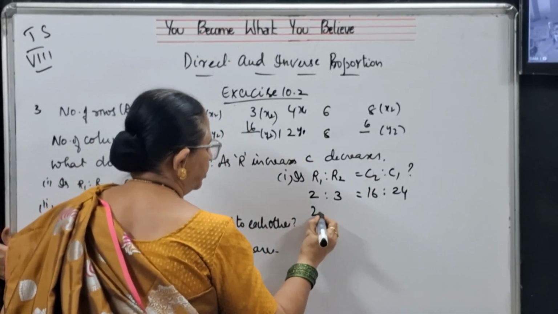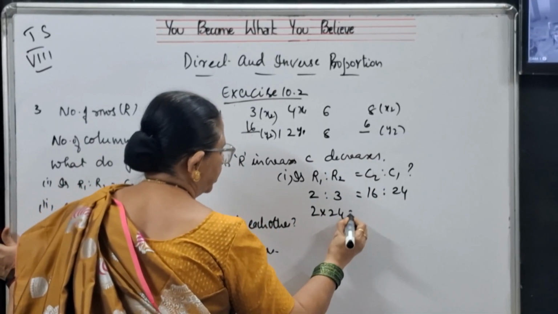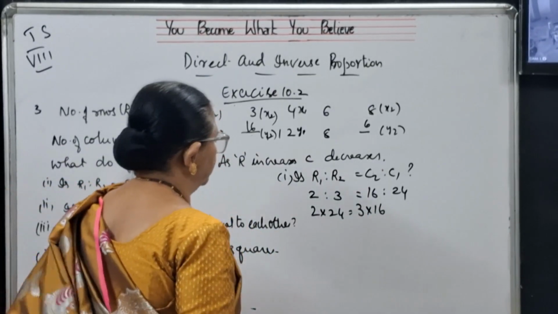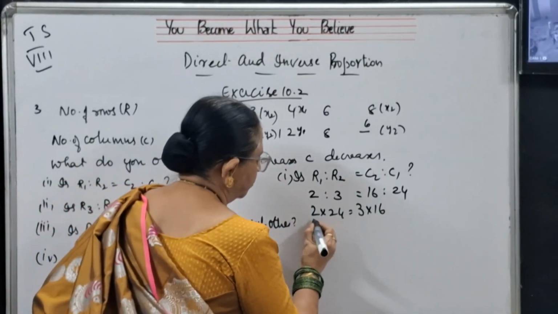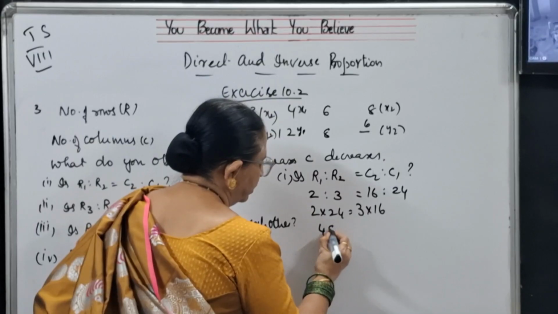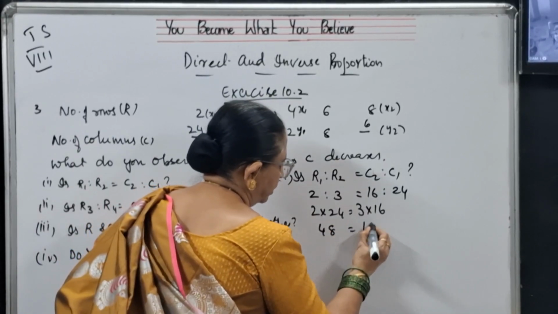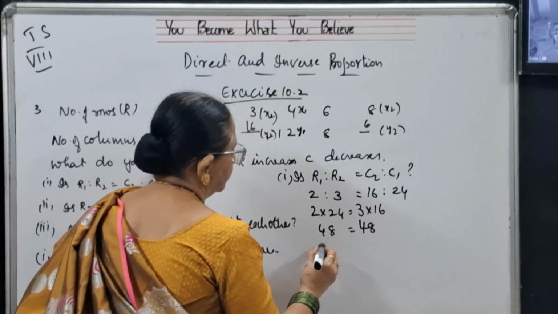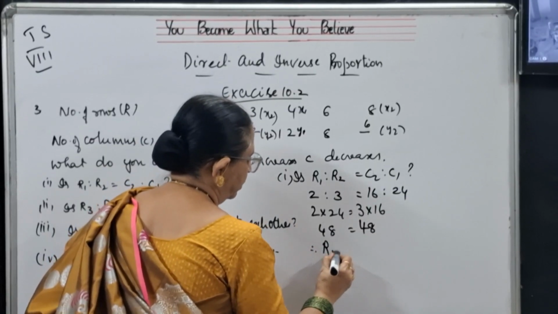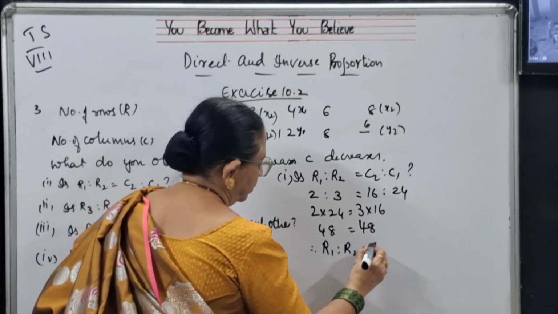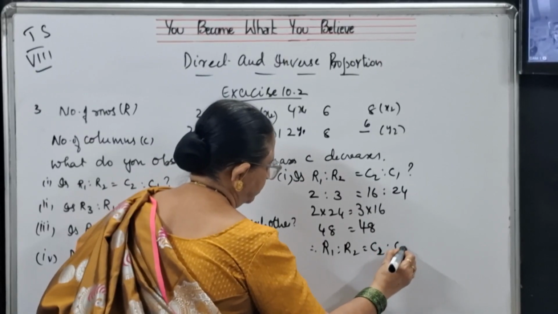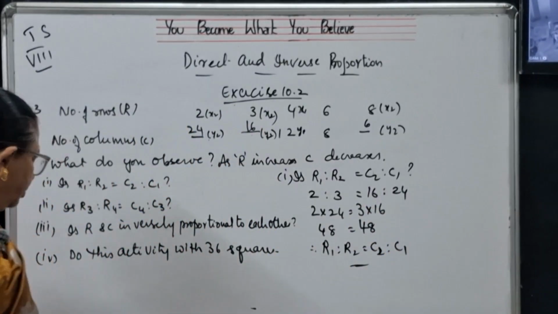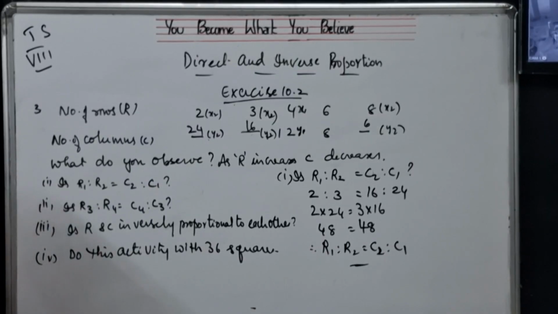So product of means is equal to product of extremes. So 3 into 16 should be equal to 2 into 24. This is how much? 48. 16 threes are also 48. Therefore, R1 is to R2 is equal to C2 is to C1. So this is the solution for the first problem, children. Please note it down.